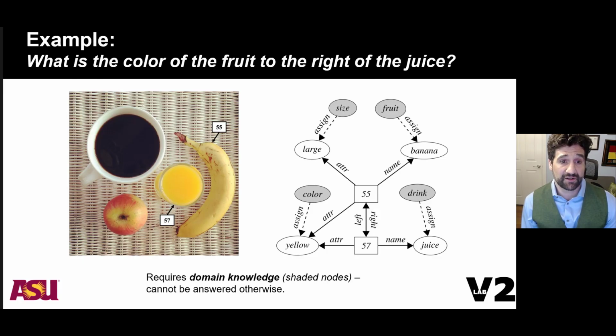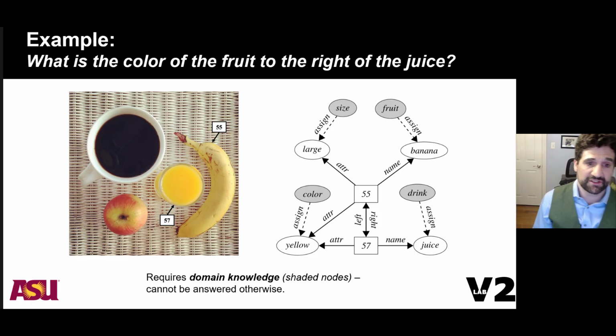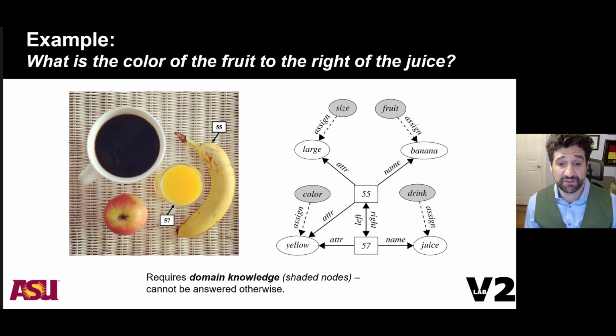You also need domain knowledge about what is large, you need domain knowledge about what is a color, because if you just know it's yellow but you don't know that yellow is a color, you also can't answer the question. And so we need this domain knowledge, which is shown in the shaded circles, in order to answer this question. And if it's not readily available, or your generalized knowledge doesn't have something for your specific domain, you might be a little bit out of luck.